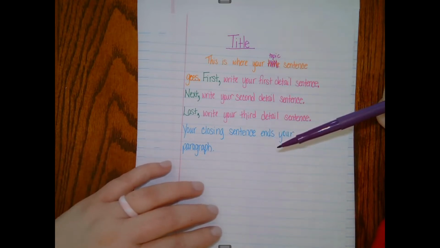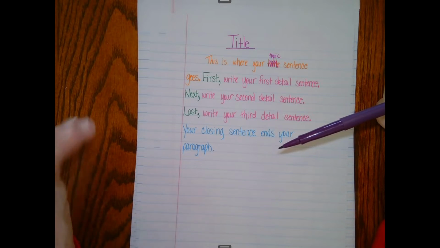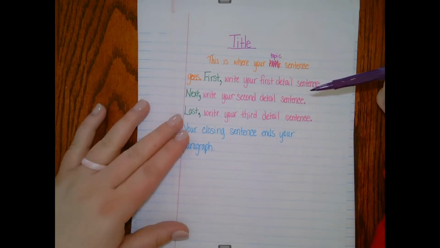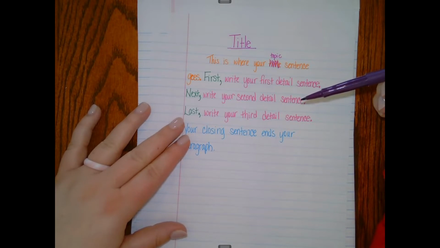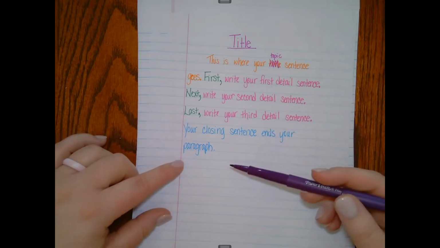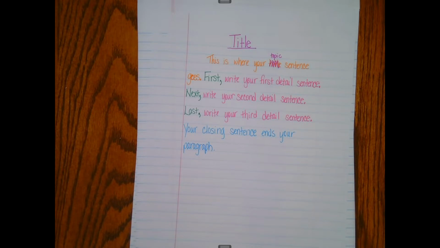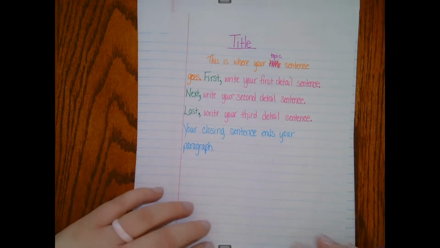So you're going to do the same thing you've done before with taking the information from your hamburger outline and writing it into a rough draft on lined paper, except for every time you're going to do a new paragraph or a new hamburger outline, you're going to go to the new line and indent. Okay? Okay, so let's start.